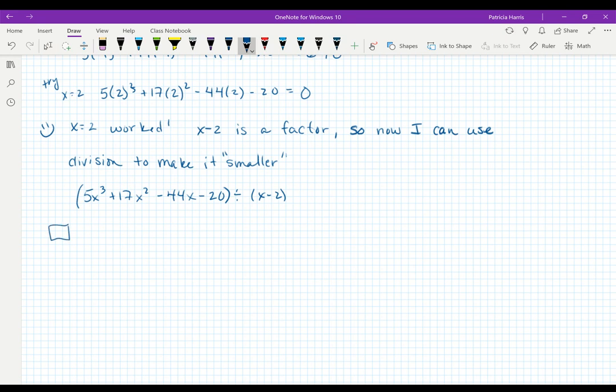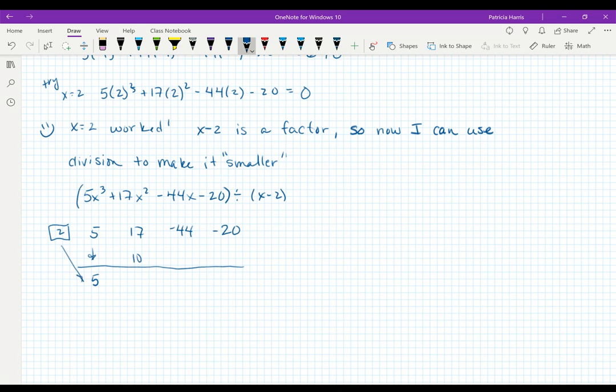Okay, we're going to change the sign: the 2, positive 2 instead of negative 2, goes in the box. We're going to make sure we have all of our powers of x. Nobody skipped. If you do have a skip, you're going to put in a 0. All right, here we go. Bring the 5 down. Multiply it by 2.